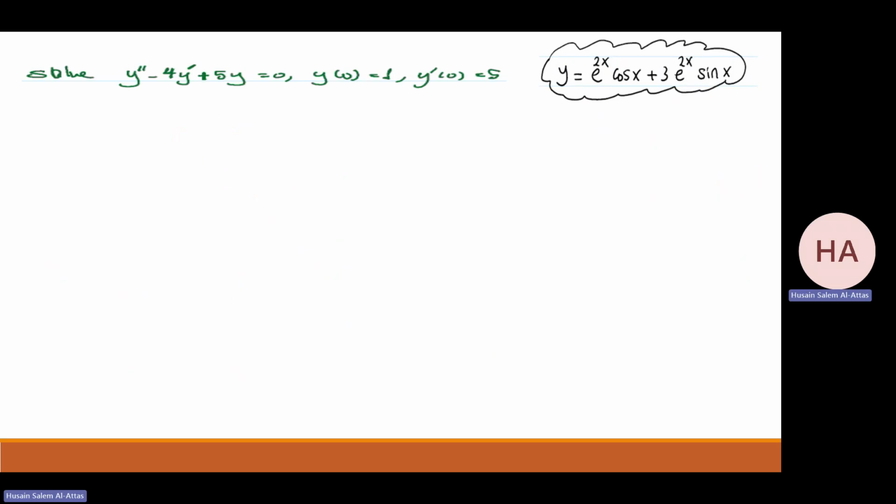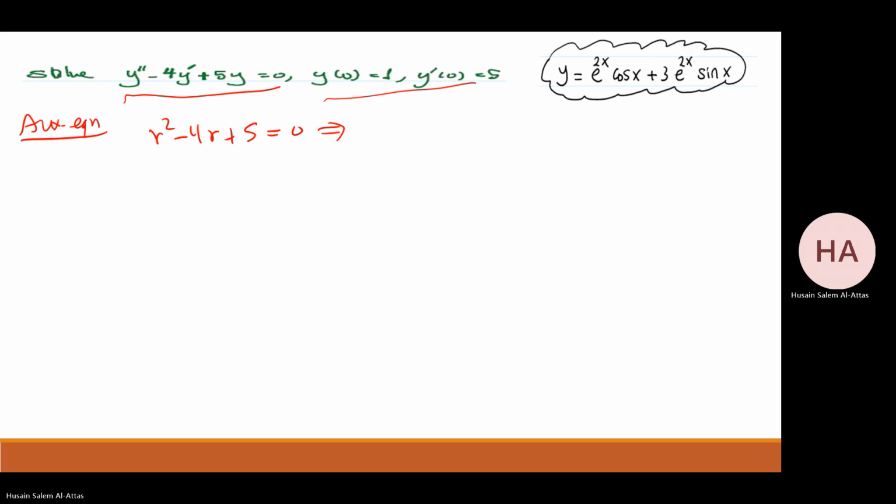Solve this where I have initial conditions. A second order is easy, but I have initial conditions to find the c's. So I need to do some calculation. So what is the auxiliary equation? R squared minus 4r plus 5 equals 0. So I have what? I cannot factor it.